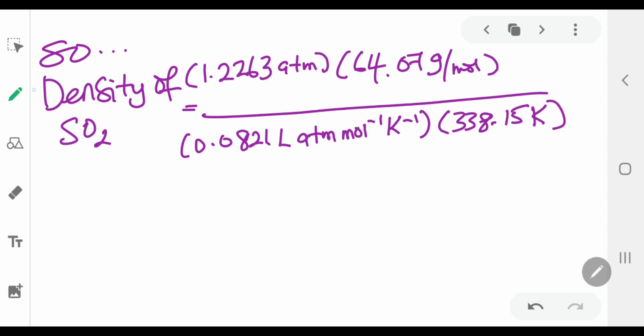Okay, so if you care about your units, you would be able to identify what is the unit for the density. Okay, so ATM and ATM will be cancelled out. Mole over here and mole over there will be cancelled out. Kelvin per Kelvin will be cancelled out. So you are left with liter and gram.